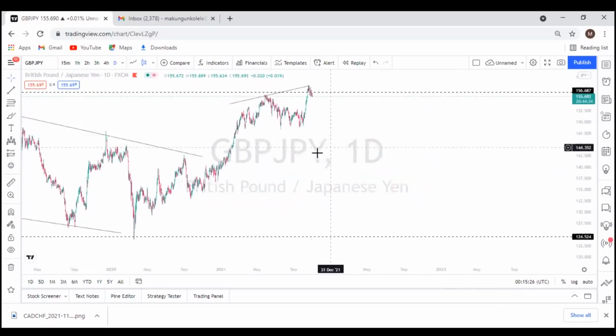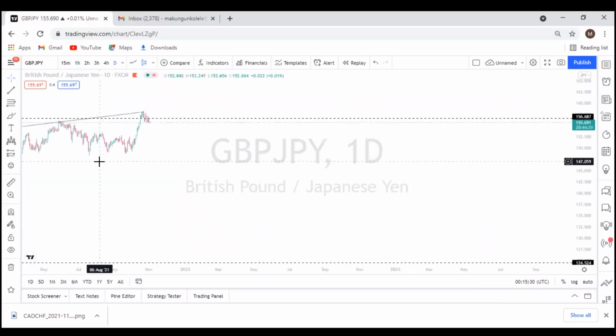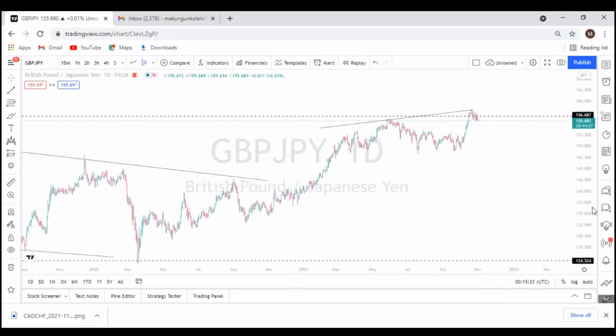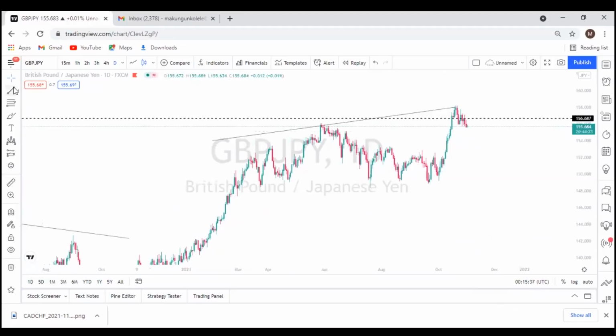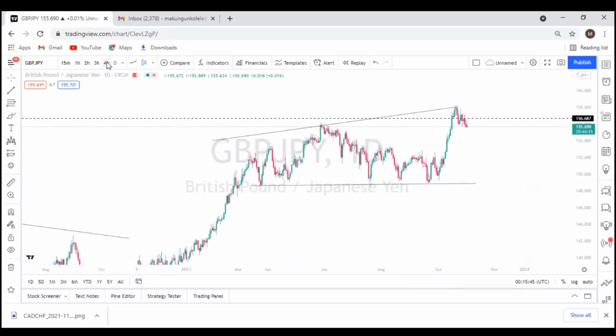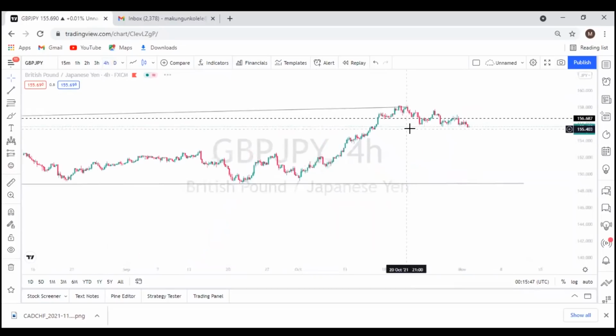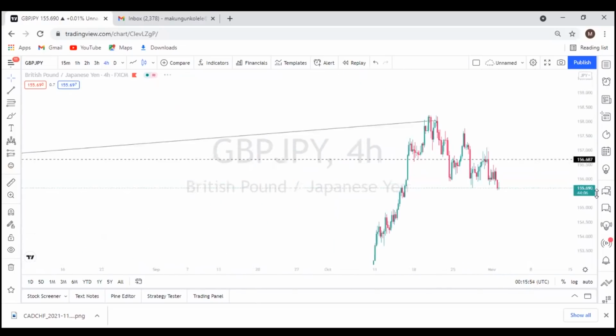So if the market does move the way I'm predicting it, then let's just dive in to spot out the entry opportunity. So I'm gonna draw my support for this structure and go to the 4-hour time frame and see what's happening with 4-hour time frame.